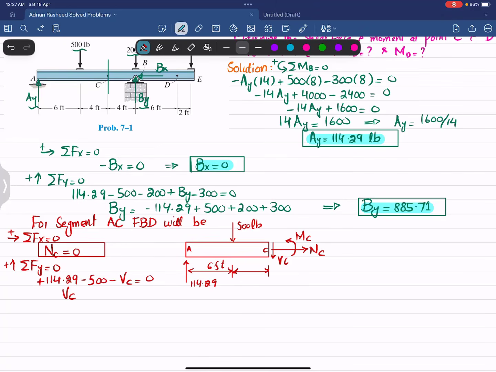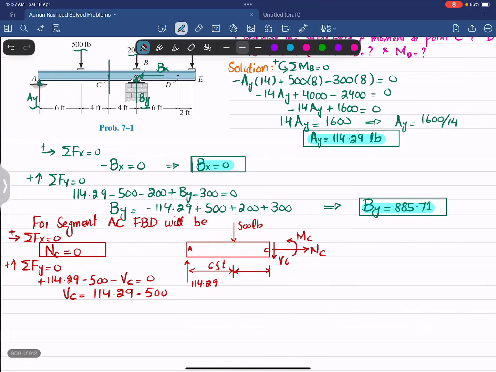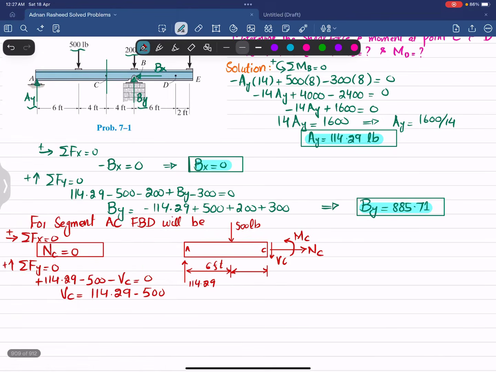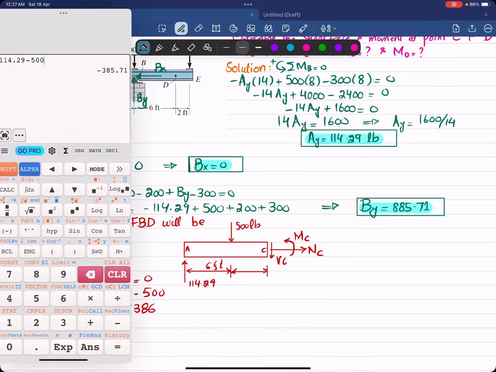So VC will be equal to 114.29 minus 500, which gives minus 385.7. So this VC is minus 386 pounds. Okay.